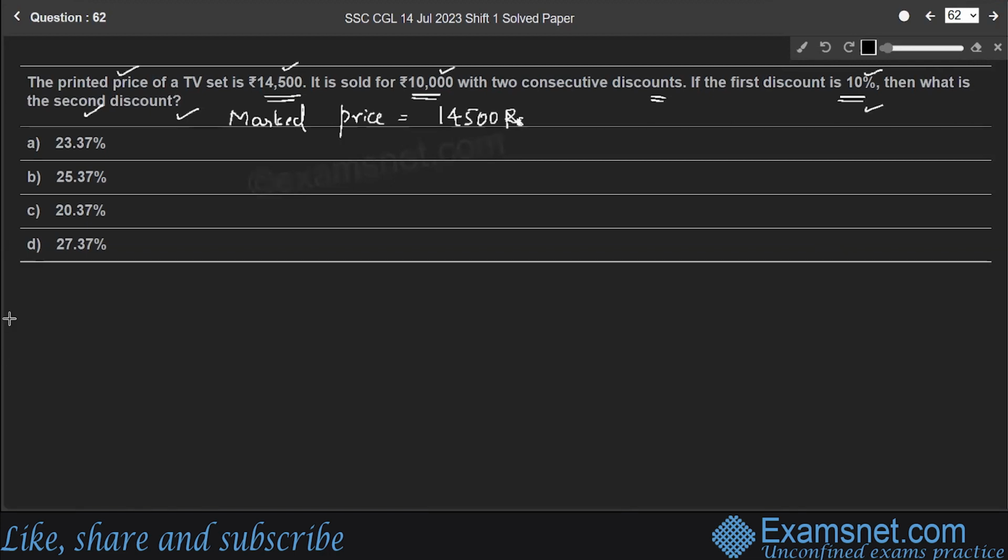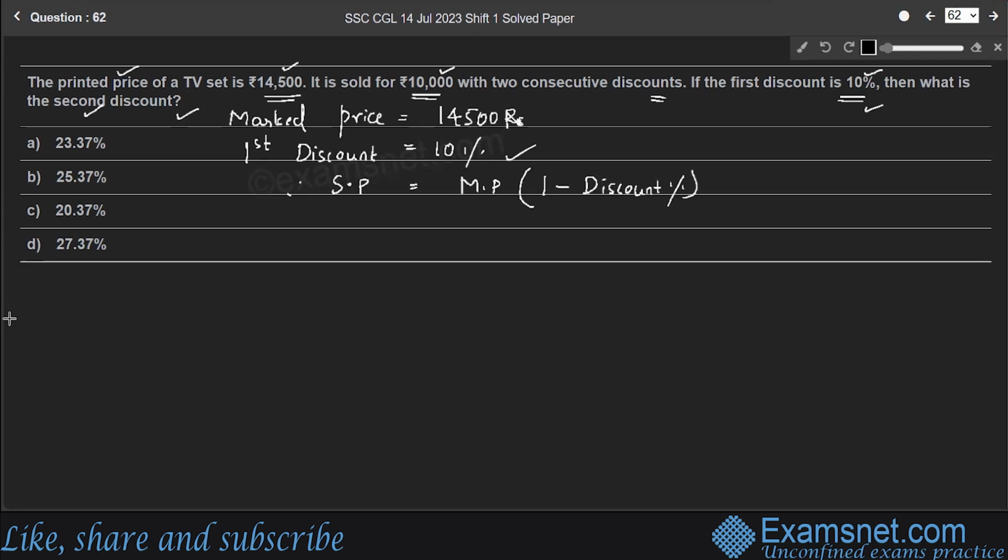So let us go one by one. First discount is 10%. When 10% discount is given, the selling price becomes, by the formula for selling price based on discount, market price into 1 minus discount percentage.